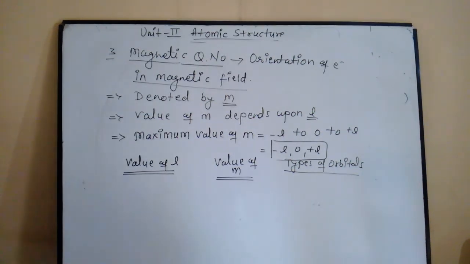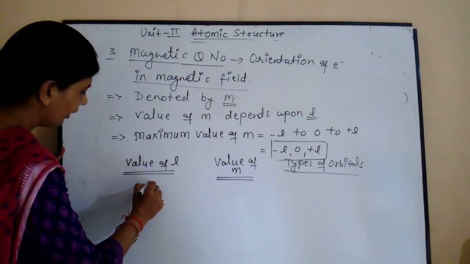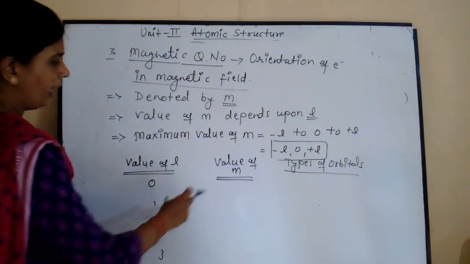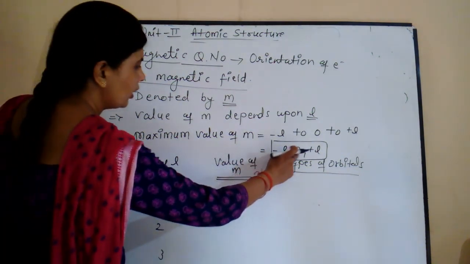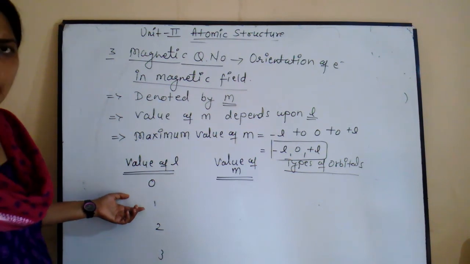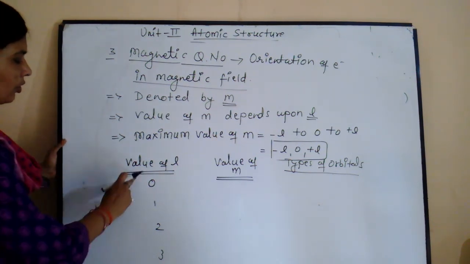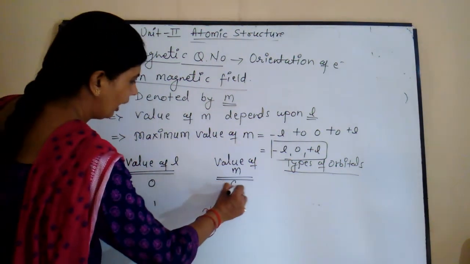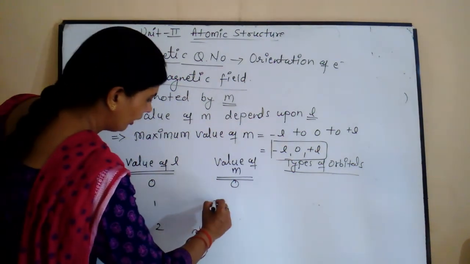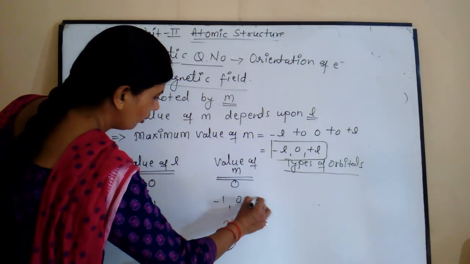Types of orbitals. The value of l, we know, is 0, 1, 2, 3. And the m value is minus l, 0 and plus l. It means the value of l we express in minus as well as in plus. So if l is equal to 0, m is also 0. If l is equal to 1, m has 3 values: minus 1, 0, plus 1.